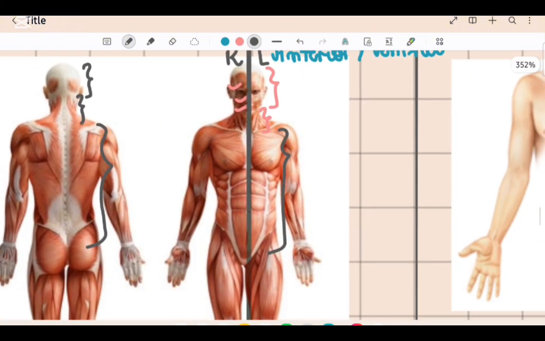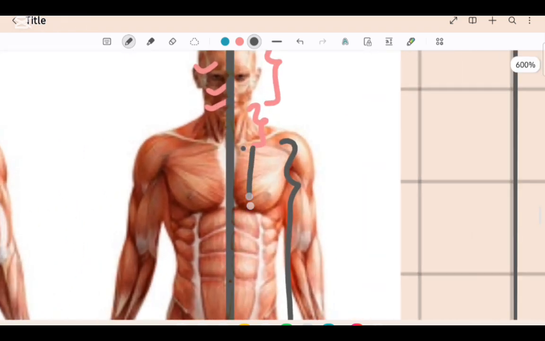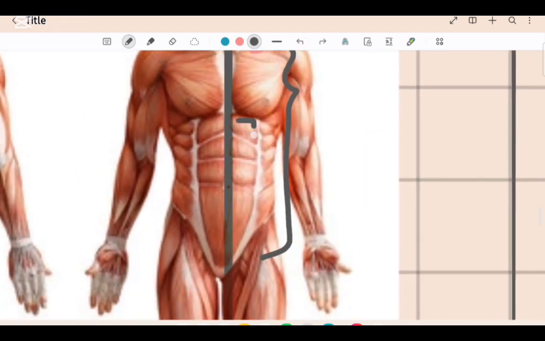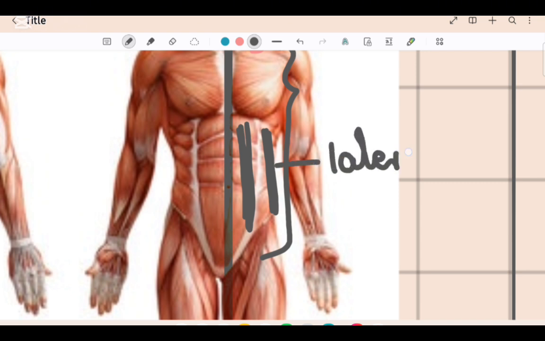So if anything is closer to it, for example, this part of your trunk is more close to the midline as compared to this. You can say that this part is medially placed, and this one is lateral, and this part is medial.